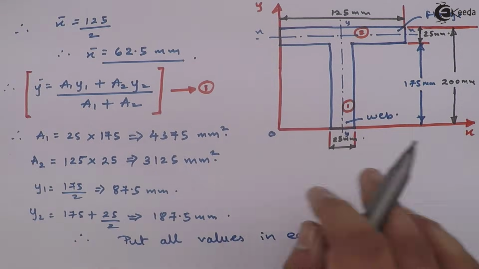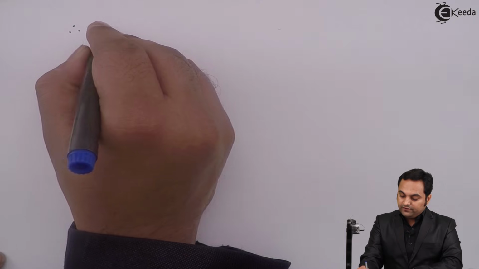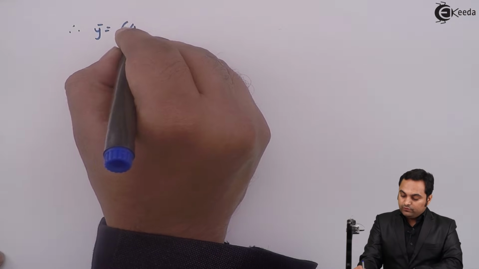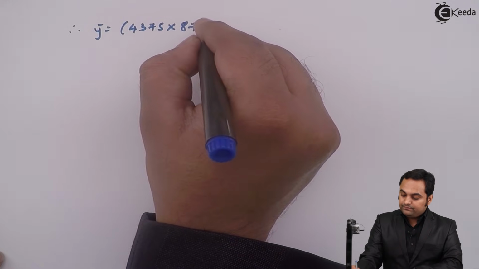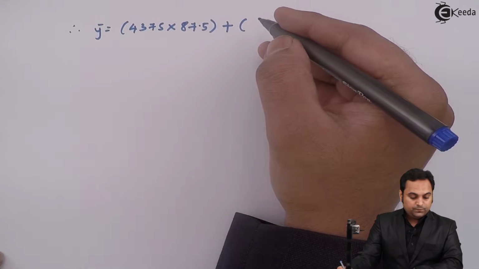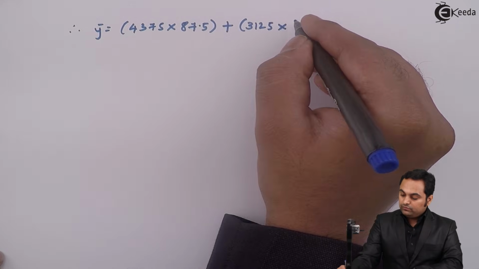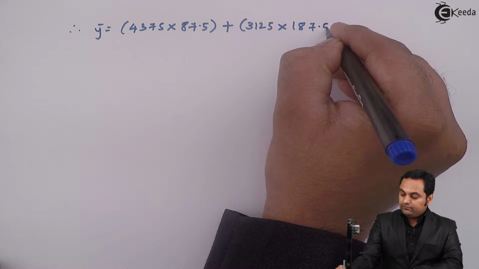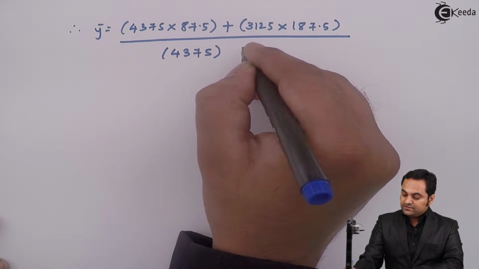So y bar is equal to area 1, 4375, into y1, 87.5, plus area 2, 3125, into y2, 187.5, upon area 1 plus area 2.